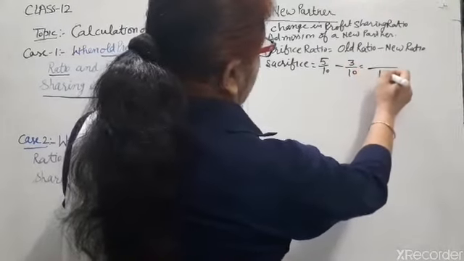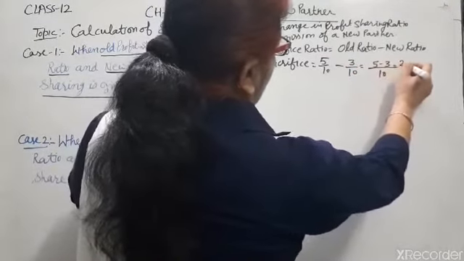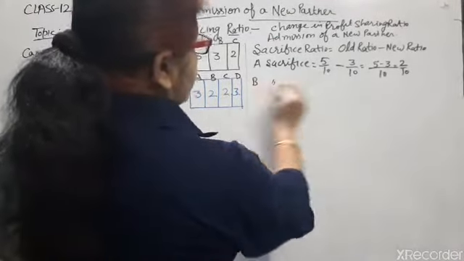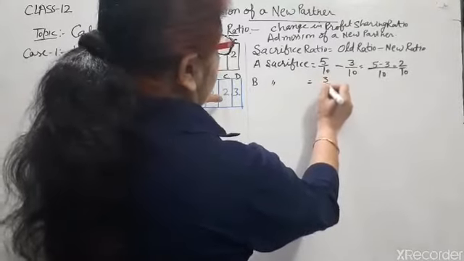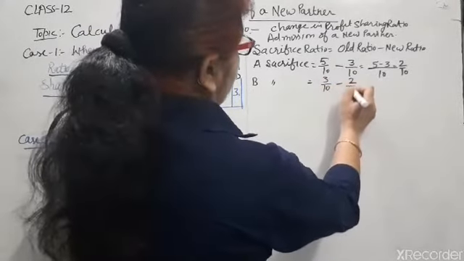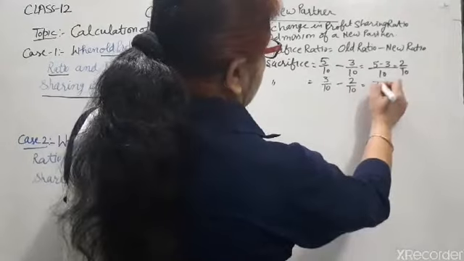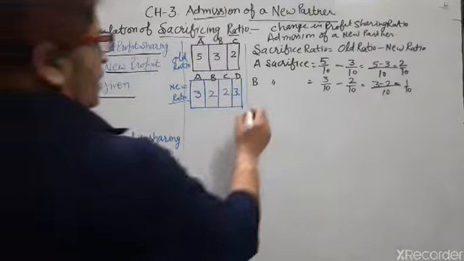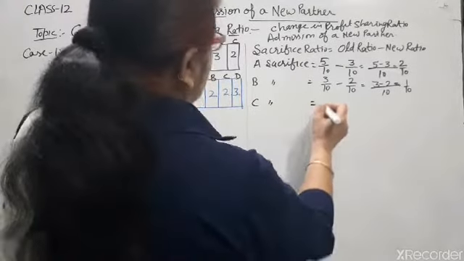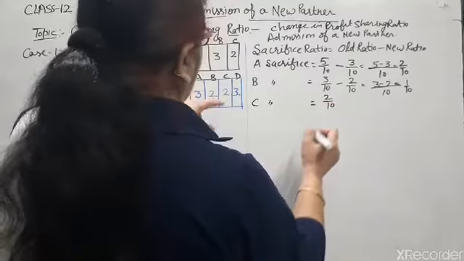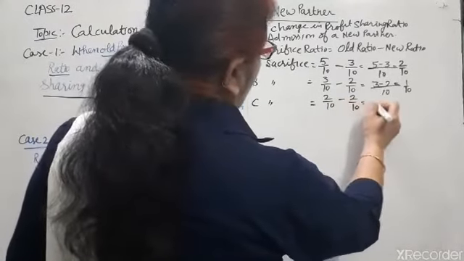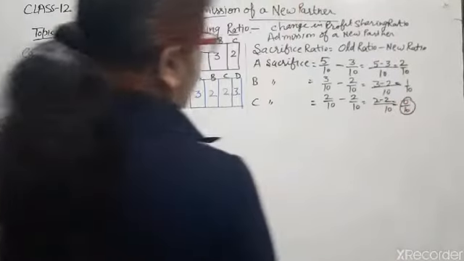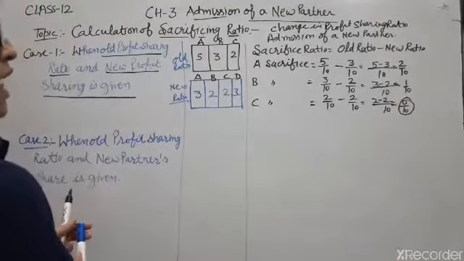That means, with LCM 10, 5 minus 3 is 2/10 sacrificed by A. How much does B sacrifice? Old ratio is 3/10, new ratio is 2/10, LCM is 10. 3 minus 2 is equal to 1/10. Now C's sacrifice: old ratio is 2/10 and new ratio is 2/10. That is 2 minus 2, 0. That means he does not sacrifice any amount.